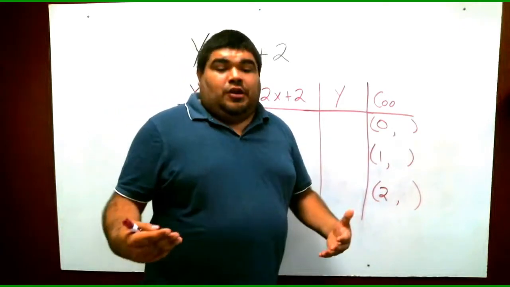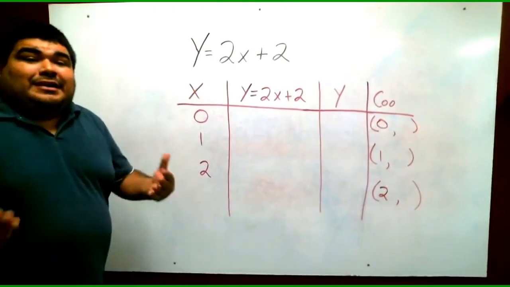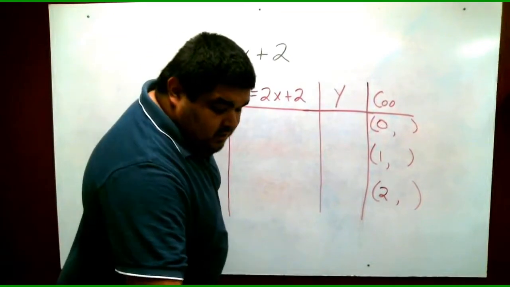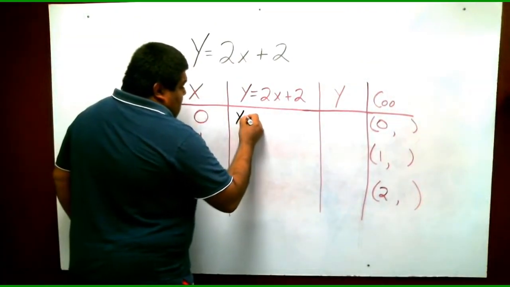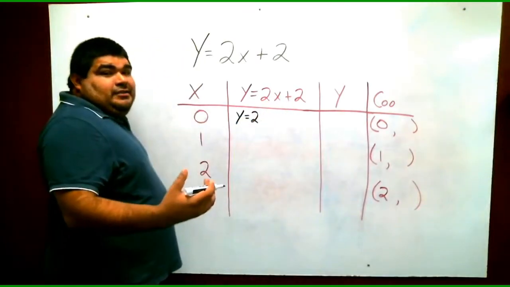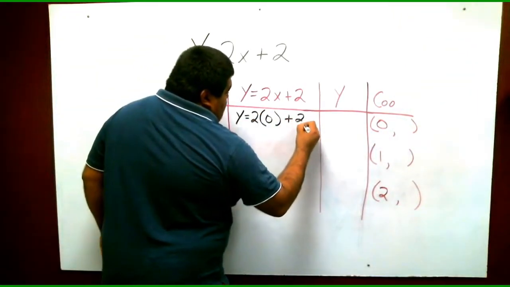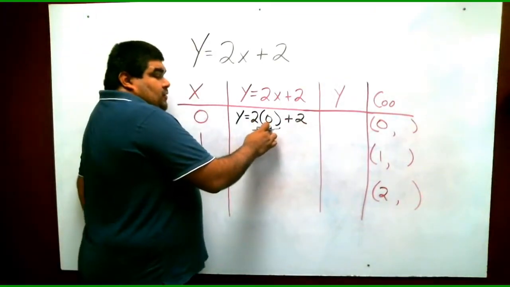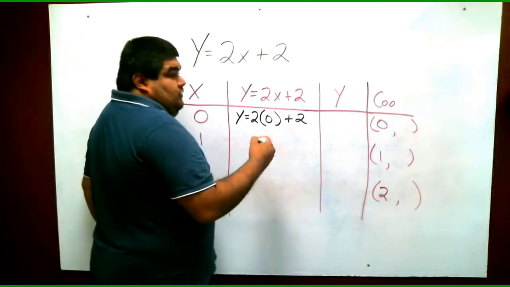Okay? So let's start off by, all we have to do is plug in the numbers for x value. So we can say that y equals 2. Notice that x is no longer x, it's now 0. So we do parentheses, 0 plus 2. 2 times 0 is 0, plus 2 is just 2, right?